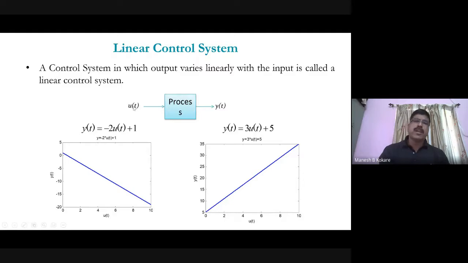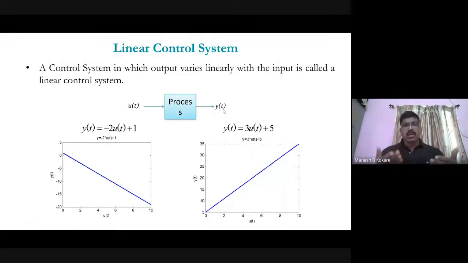But if you change the input, like u(t2), you have given the second input u(t2), their output will be y(t2). Now see that when input is u(t1), you got the output y(t1). Now you have changed the input for the system, and now your input is u(t2). Your output at that time is y(t2).